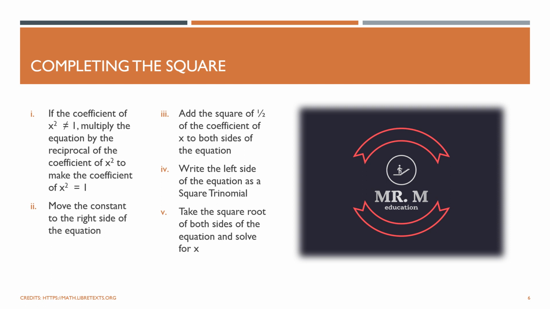Second, move the constant term to the right side of the equation. Third, add the square of half of the coefficient of x to both sides of the equation. Fourth, write the left side of the equation as a square trinomial. Fifth, take the square root of both sides of the equation and solve for x.